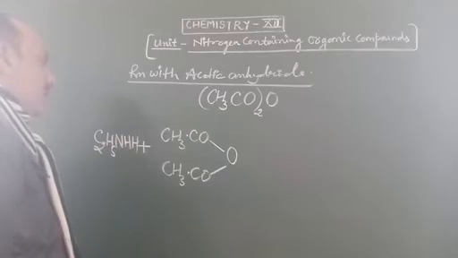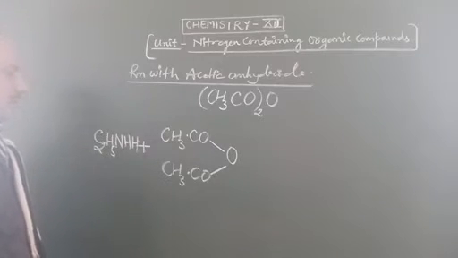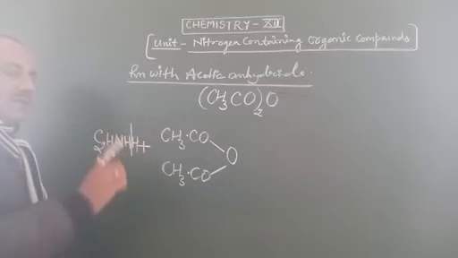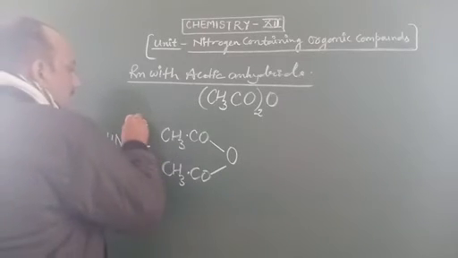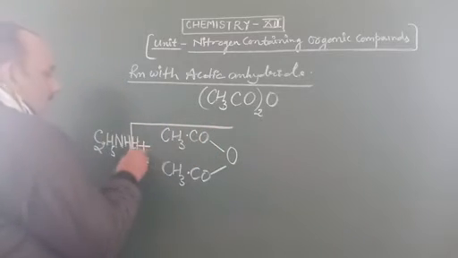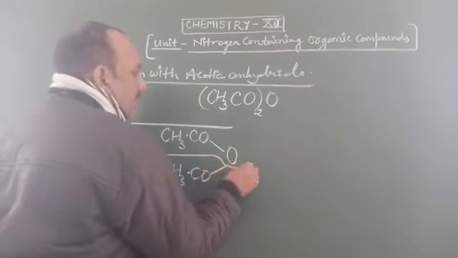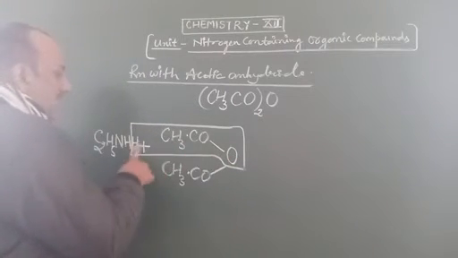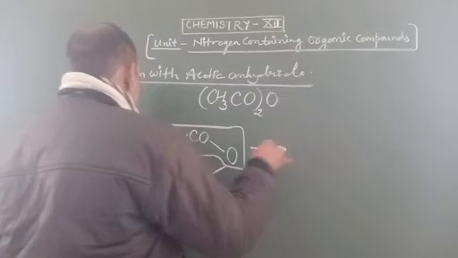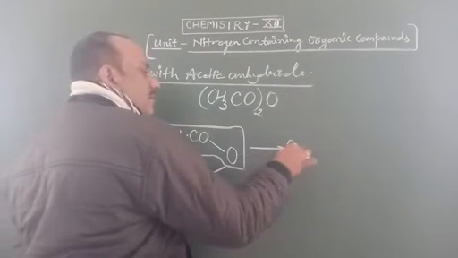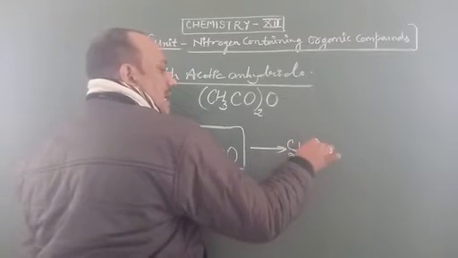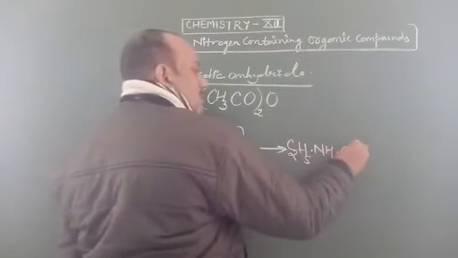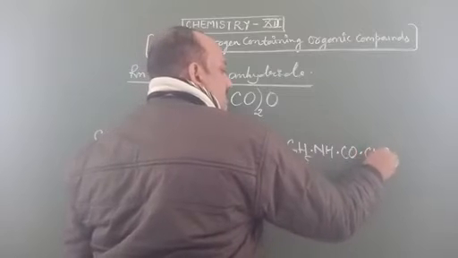Here it makes N-ethyl acetamide and subtracts an acetic acid molecule, CH3COOH, to form C2H5NHCOCH3.